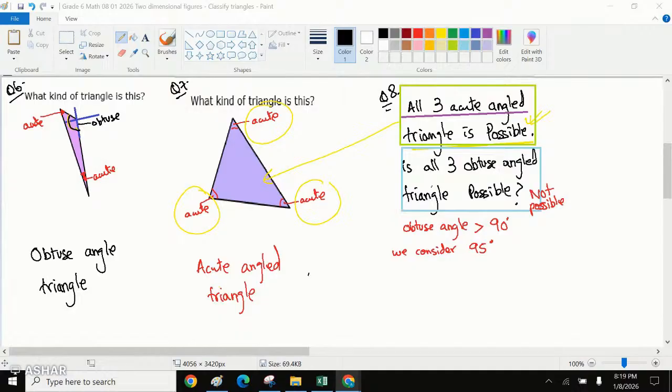Okay. It's just the numbering, okay? So if we consider 95 for all three obtuse, right? So can we say 95 plus 95 plus 95? And the answer would come out to be 285, right?